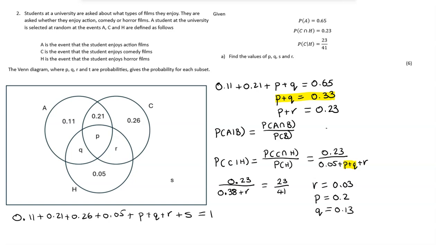Subbing in all that I found out there, adding the P, the Q, the R together, I get 0.99. So the only one left, and these are people that don't like action, comedy or horror, so it'll be a very small proportion. That's just going to be 0.01.